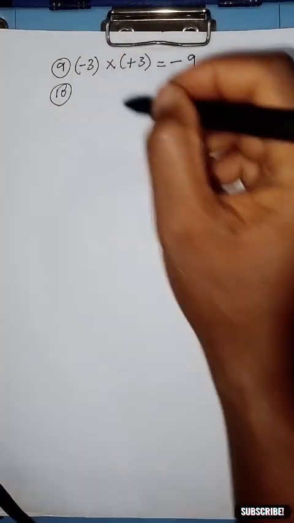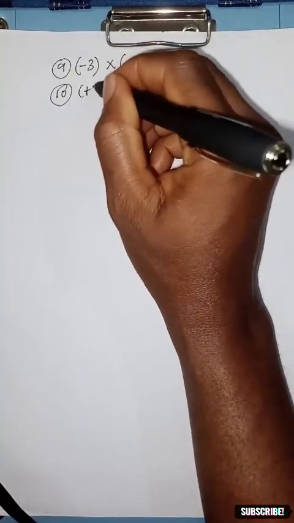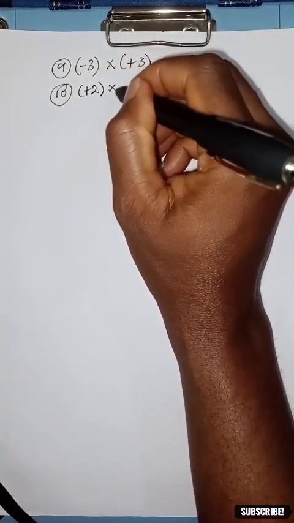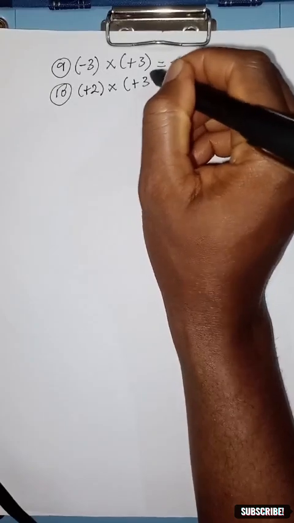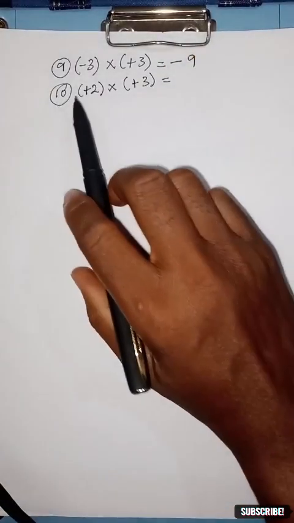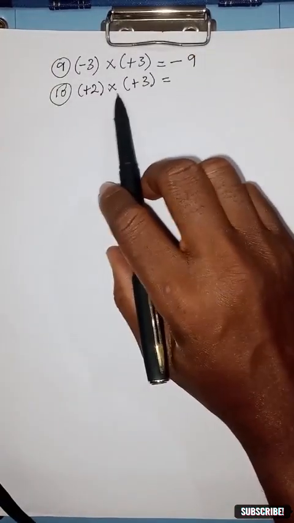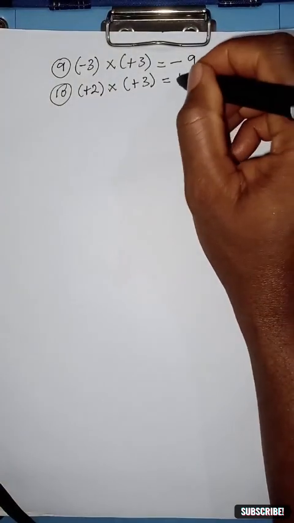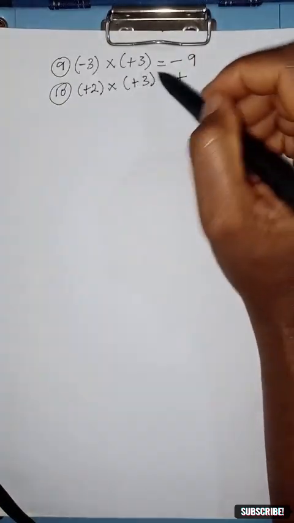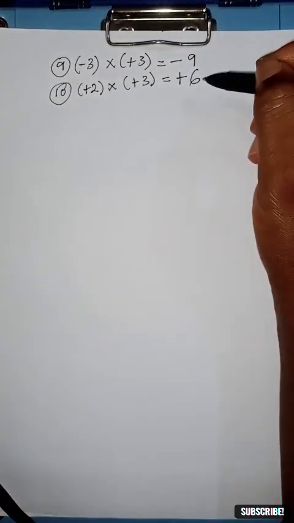Number 10, if I have plus 2 times plus 3, plus times plus, it's plus 2 times 3 gives you 6.